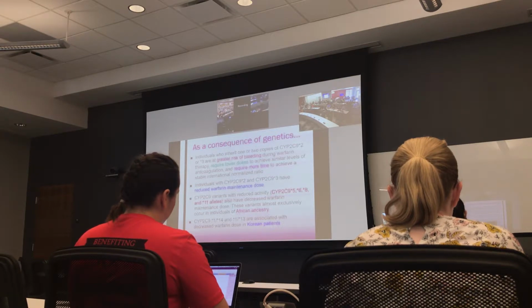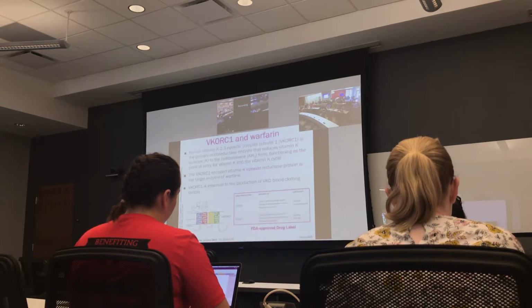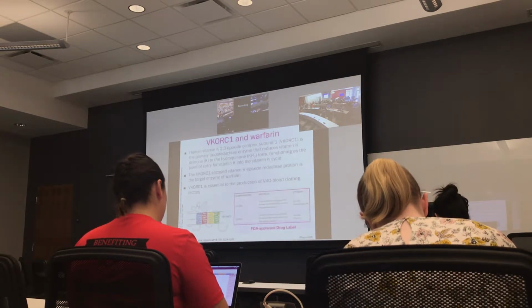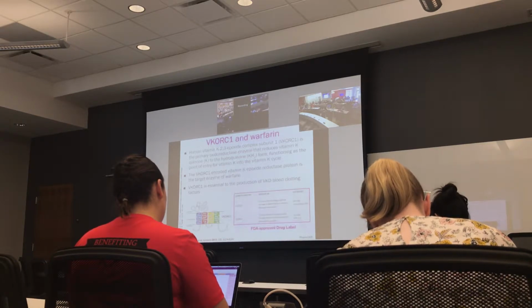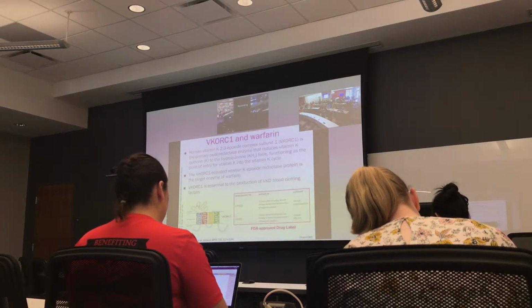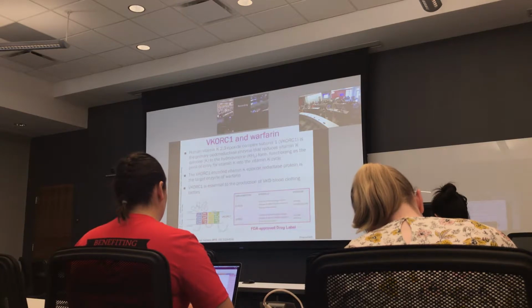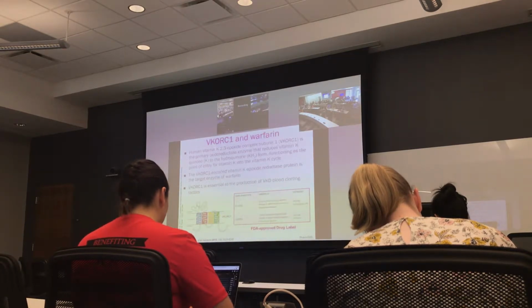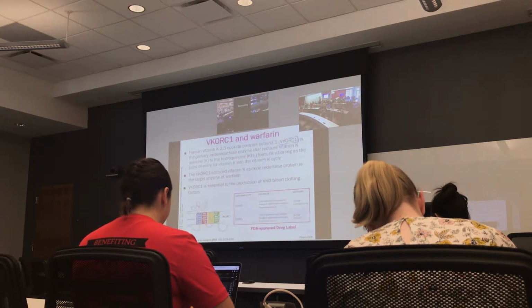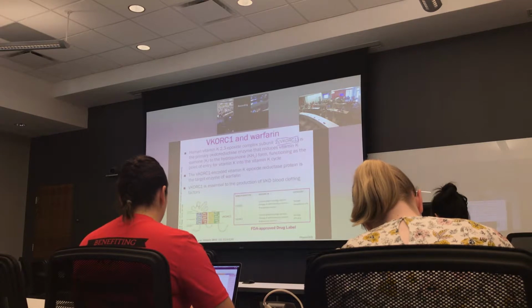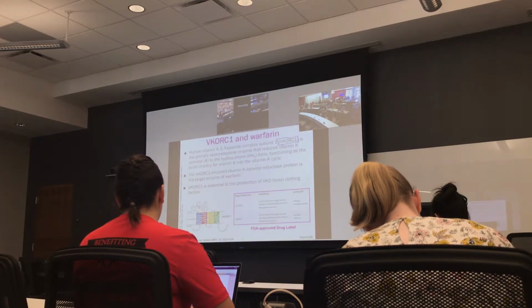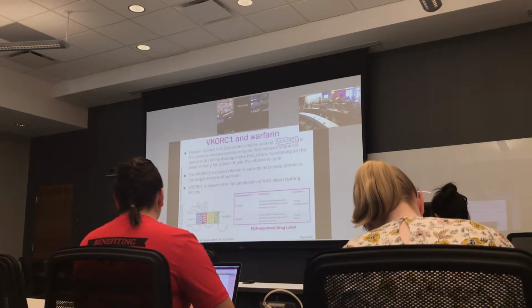Now let's talk about the other part of this equation. Not only do we have to consider CYP2C9, we also have to consider the human vitamin K 2,3 epoxide reductase complex subunit 1, or VKORC1. This is the primary oxidoreductase enzyme that reduces vitamin K quinone to hydroquinone, functioning as the point of entry for vitamin K into the vitamin K cycle.